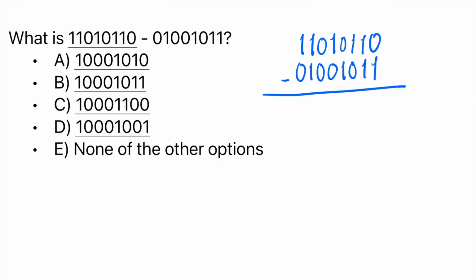First, we are starting with this column right here, which I'll highlight for you guys. Of course, you can't do 0 minus 1. We'll have to borrow from our neighbor.